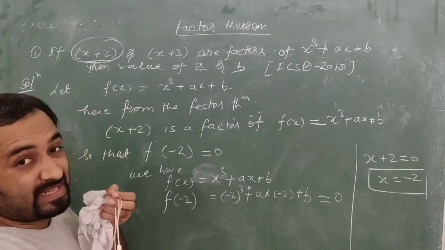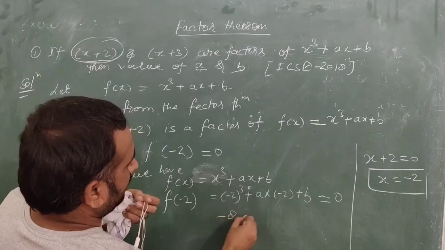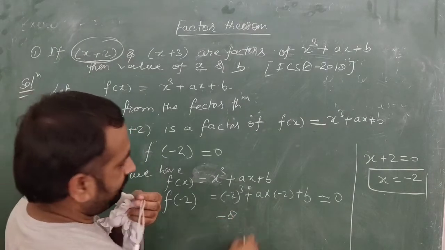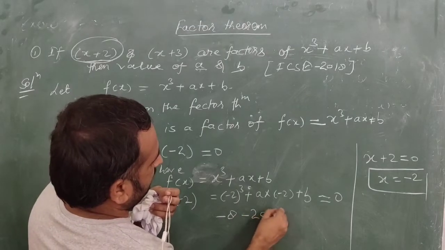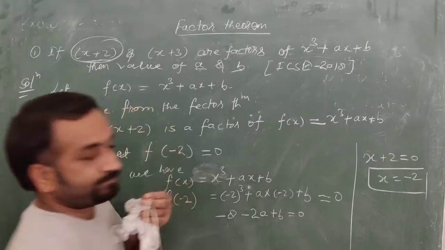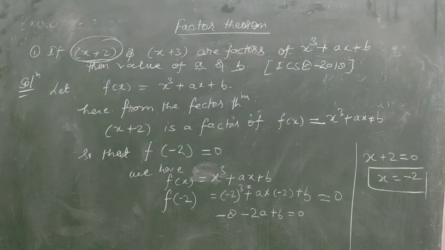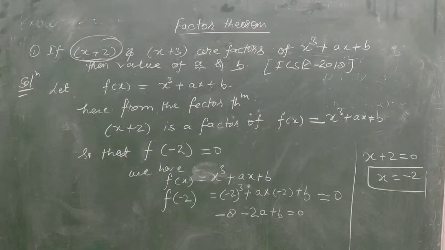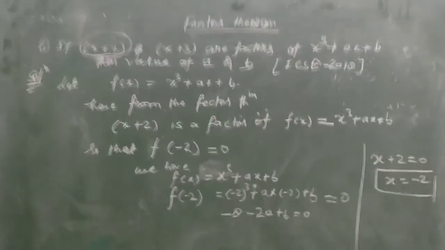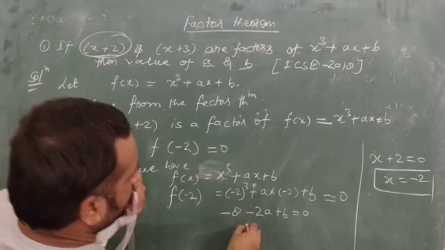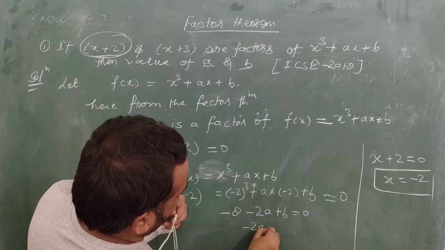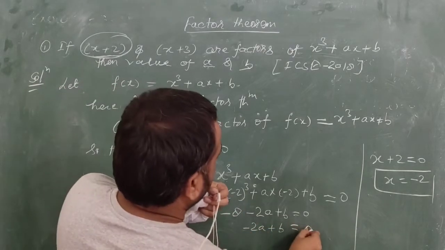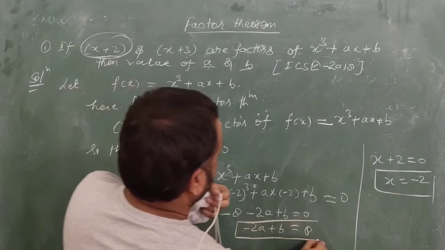Minus 2 to the power 3 is minus 8, and a multiplied by minus 2 is minus 2a, plus b is equal to 0. So we are getting minus 2a plus b equal to, we transpose this minus 8, it becomes positive 8, and this is your equation number 1.